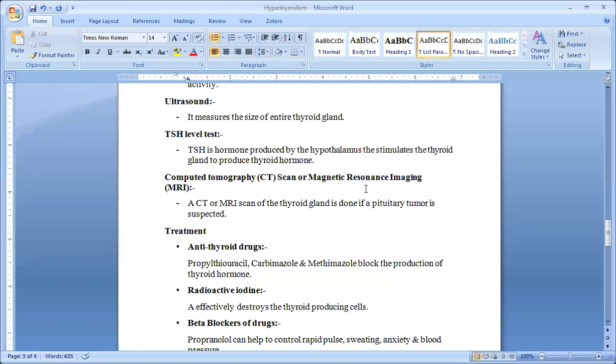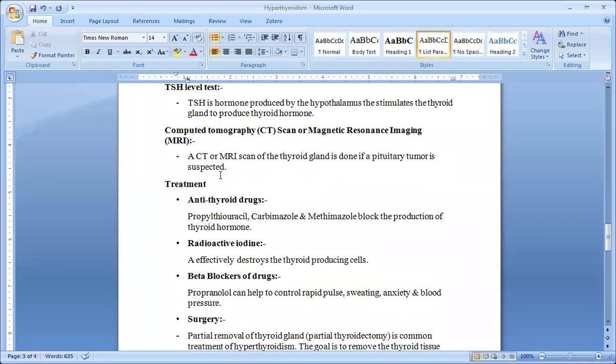Now CT scan and MRI. A CT scan or MRI scan of the thyroid gland is done if a pituitary tumor is suspected. When we suspect that there is a tumor in the pituitary gland, then we go further for the diagnostic test, that is the CT scan and MRI. As we know, with CT scan and MRI we can take more photographs of anything.